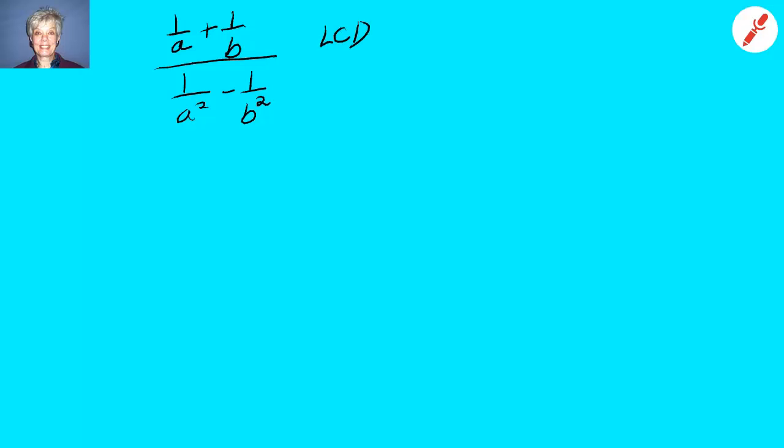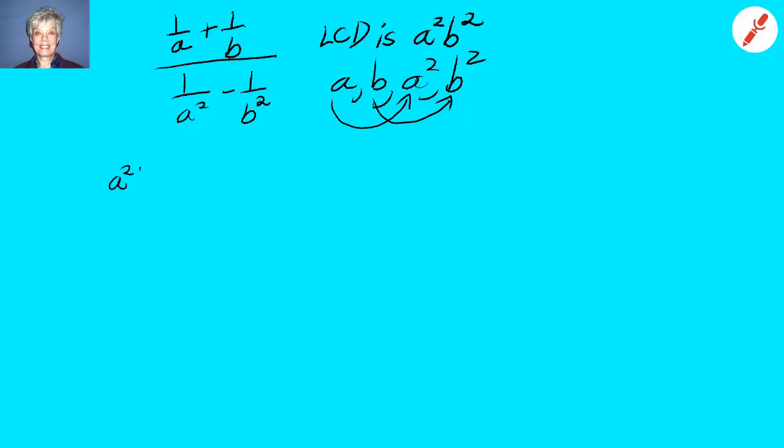The LCD is going to be a squared b squared, because if I look at all 4 denominators, the a goes into the a squared and the b goes into the b squared. So a squared times b squared is enough.